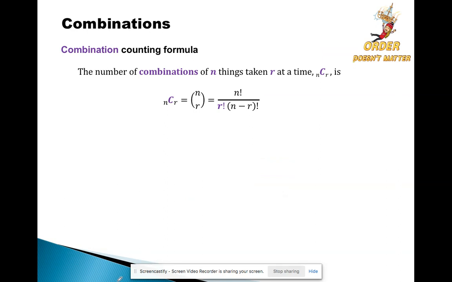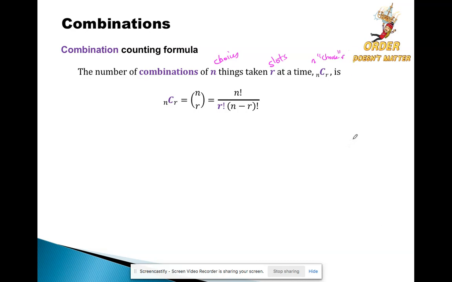And that's what it looks like. When order doesn't matter, the number of combinations of n things taken r at a time is called n choose r.